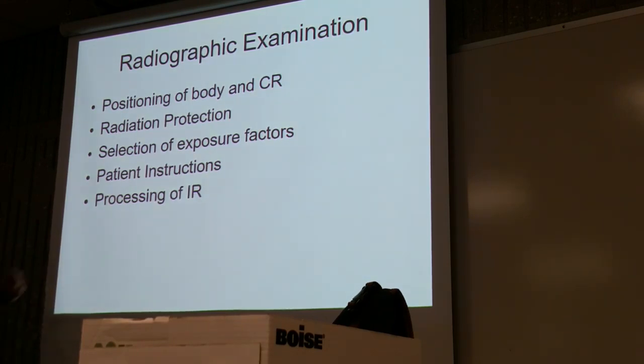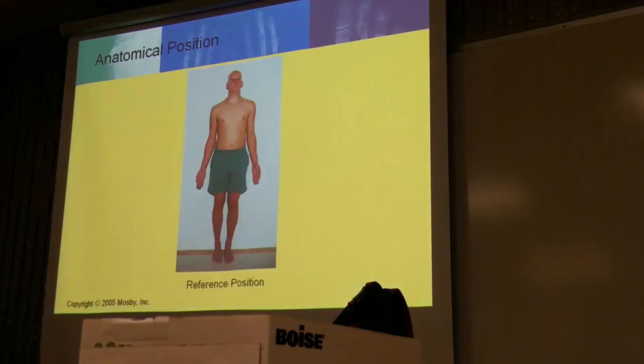Okay? And then processing of the image receptor. Good thing for digital imaging now, because everything is done in the open, under a light. You just drop the cassette and you go. And your image comes out in 20 seconds or less. Isn't that great? It's wonderful.